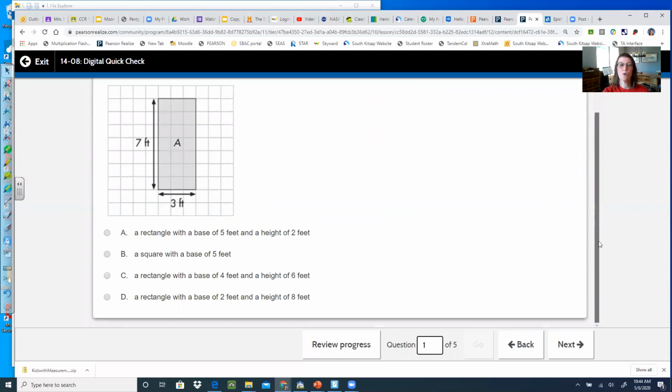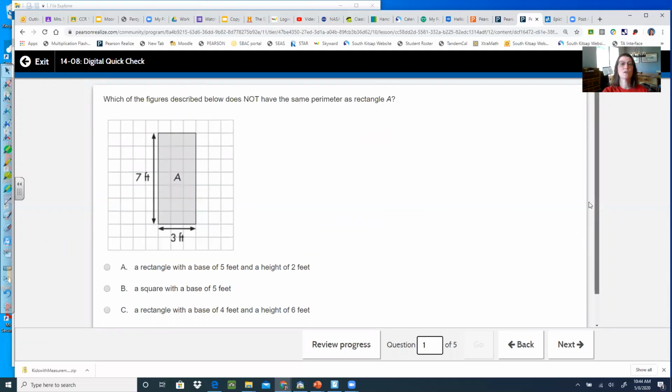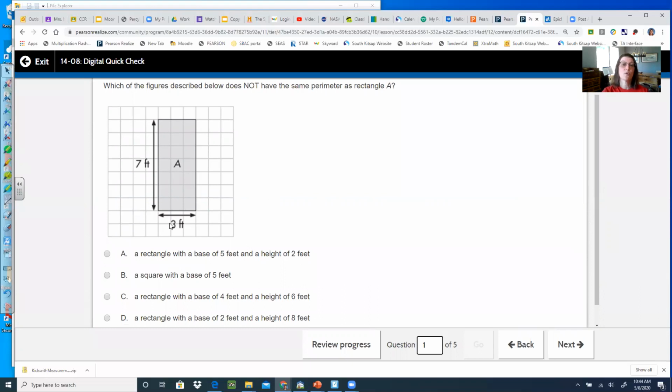So we're looking for the one that is false, doesn't work. So they're asking about perimeter, not the same perimeter. So 3 plus 7 is 10. 10 plus 10 is 20. So you are trying to figure out which of these would not have a perimeter of 20.